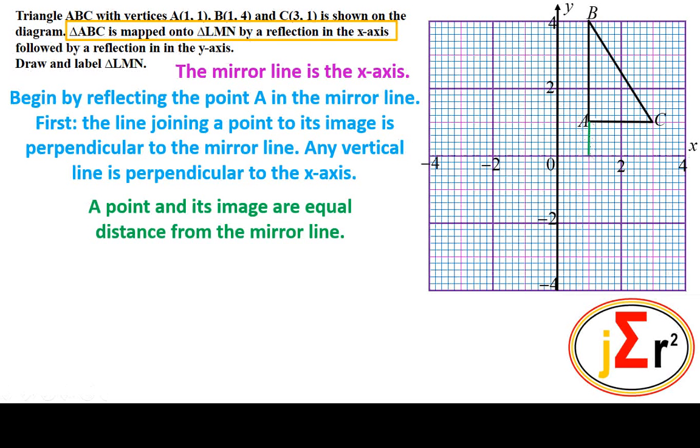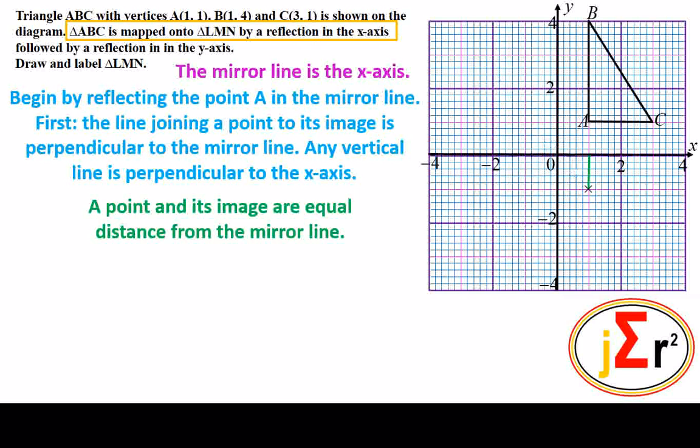The distance of the image of A from the mirror line will be equal to the distance of A from the mirror line, and we will show that like that. That line segment that we are using as the distance of A from the mirror line is used as the distance of the image of A from the mirror line.